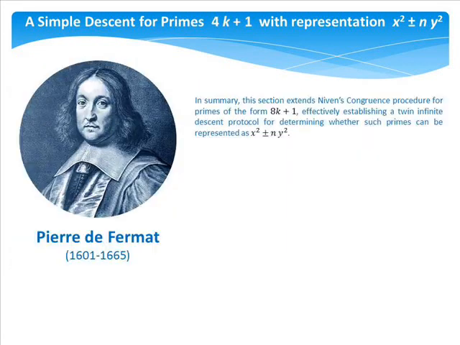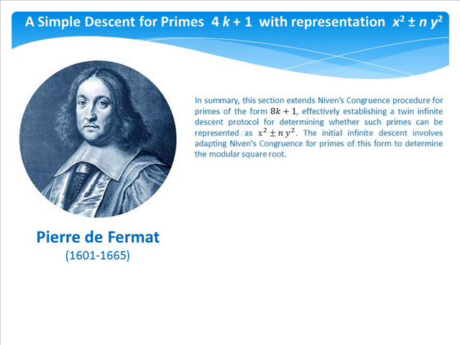In summary, this section extends Nevin's congruence procedure for primes of the form 8k+1, effectively establishing a twin infinite descent protocol for determining whether such primes can be represented as x² ± n·y².